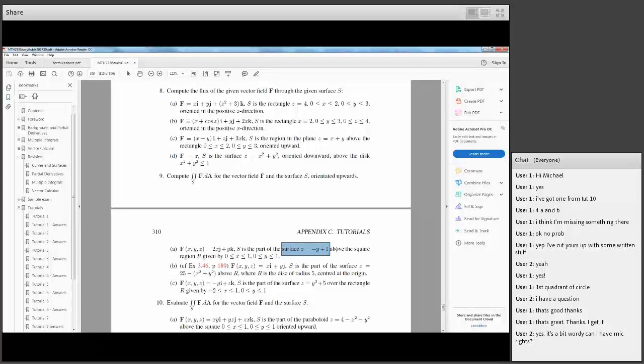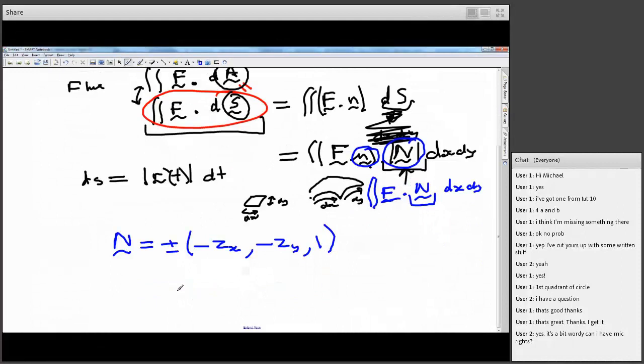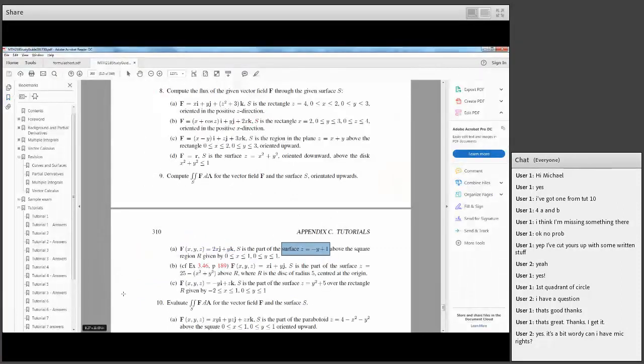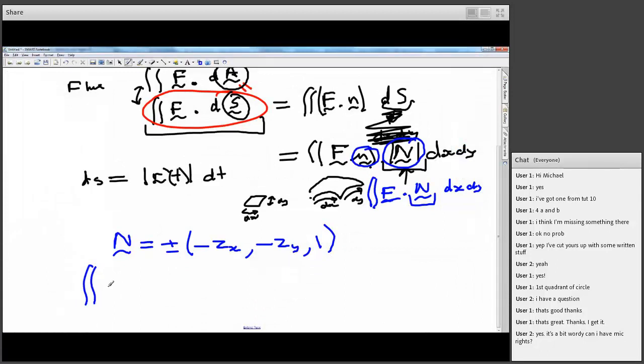And so when you're trying to work out the dA in that case, instead of looking at it from above, it's not just a square or whatever it might be, but it's got a slope to it, and you have to multiply by a certain term to fix that up. So one way is just to go, okay, I've got the flux of my F dot dS.